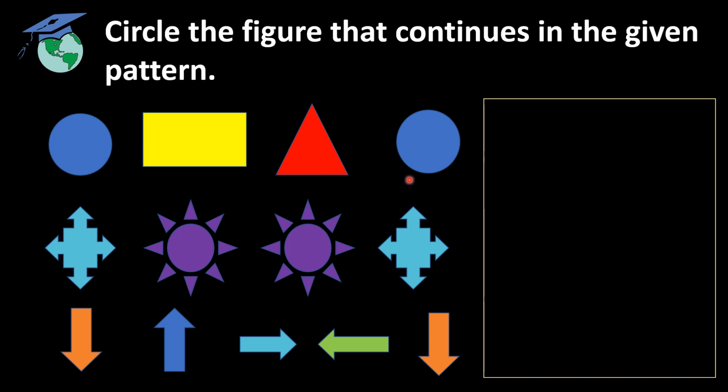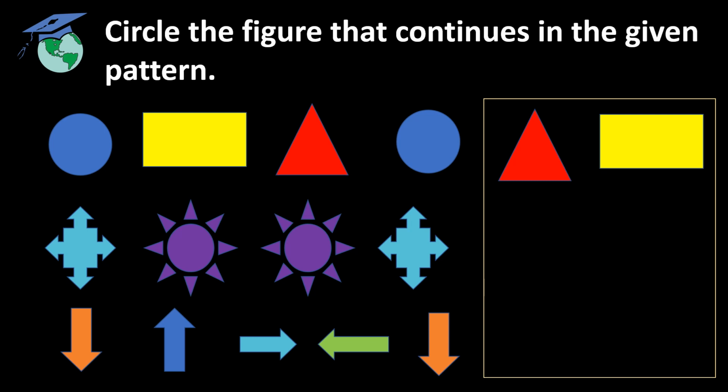Now the circle is coming again. So what is going to come next? You have to choose from these two shapes. After the circle over here was the rectangle. So that means after the circle it will be the rectangle. Yes, so we are going to circle the rectangle.